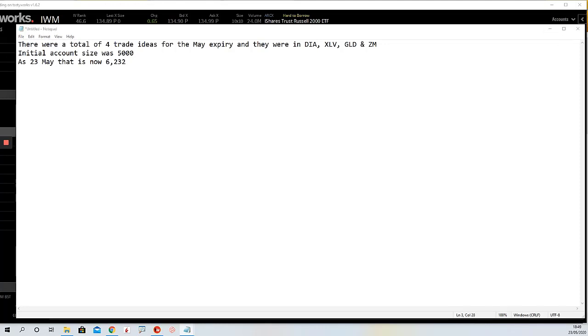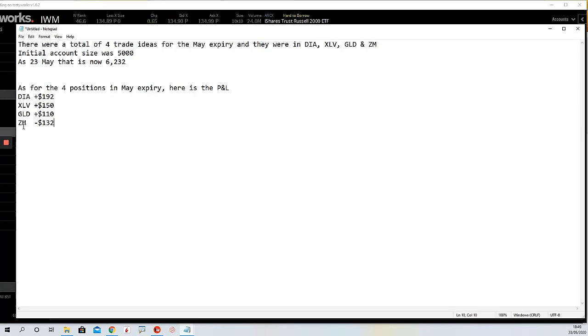As for the 4 positions in the May expiry, here is the profit and loss on those positions. In DIA, I made a profit of $192. In XLV, I made a profit of $150. In GLD, I made a profit of $110.